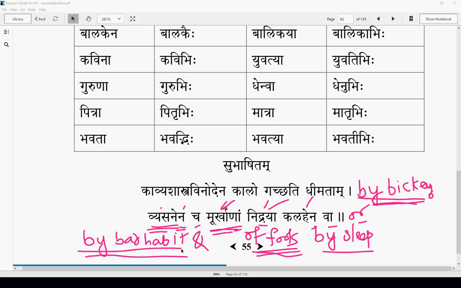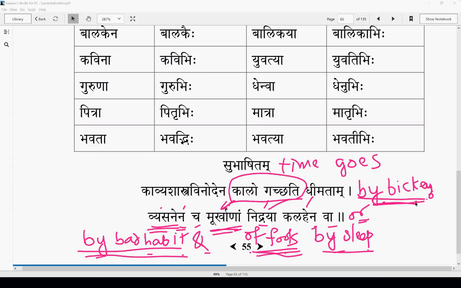That is purport. But if you want to literally put it, what is the sentence? So take kalo gacchati also. Kalo gacchati means time goes. Time goes also comes in here. Time goes by bad habit and of fools by sleep or by bickering. So now put everything together.